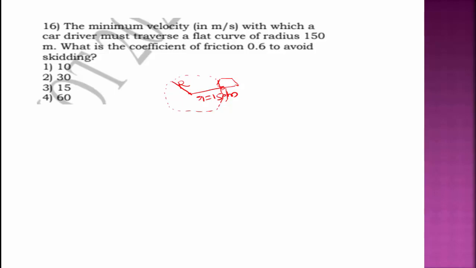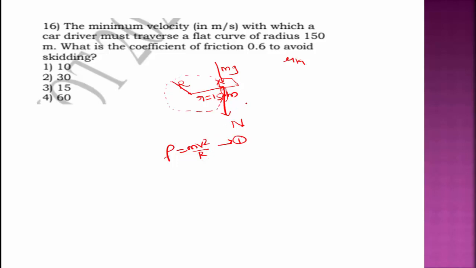Here mu is the coefficient of friction to avoid skidding. The car exerts a normal reaction, and a force is acting on it, that is weight mg. From the centripetal force formula, F is equal to mv square divided by r. This is equation number 1.